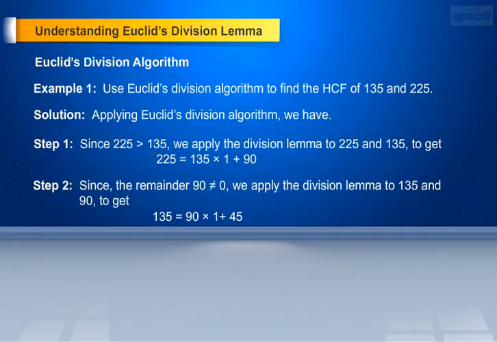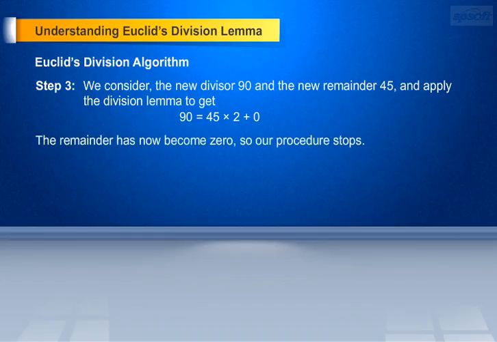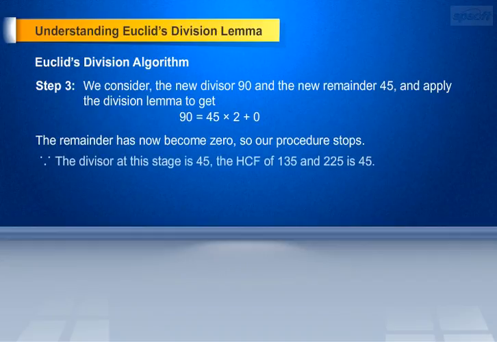As the remainder is not equal to 0, division is continued. Step 3. Now, we consider the new divisor 90 and the new remainder 45, and apply the division lemma to get 90 equals 45 into 2 plus 0. The remainder has now become 0, so our procedure stops. Since the divisor at this stage is 45, the HCF of 135 and 225 is 45.